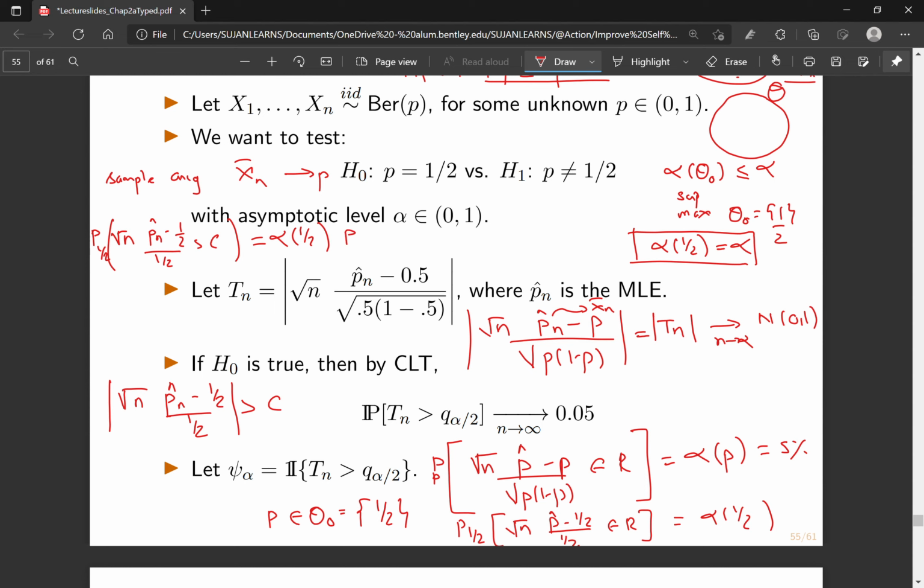That is, the absolute value of the test statistic is greater than some c only at the asymptotic level. And how do we define c here? c here becomes q alpha over 2, because it is a two-sided test.